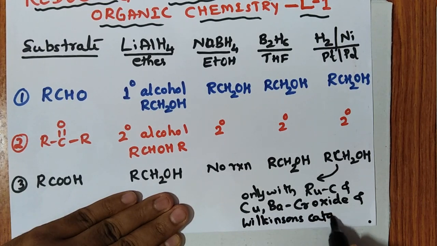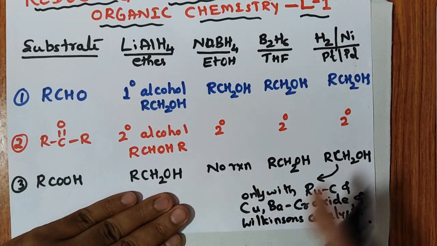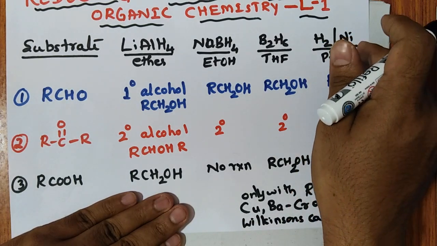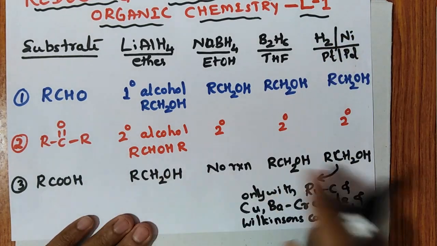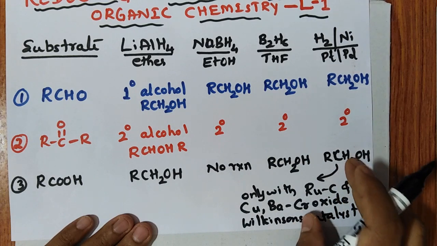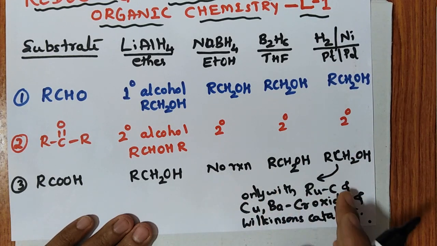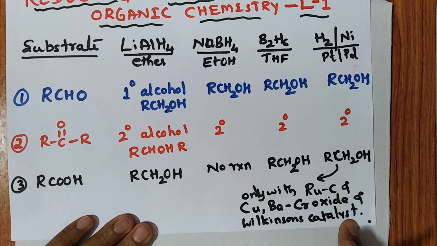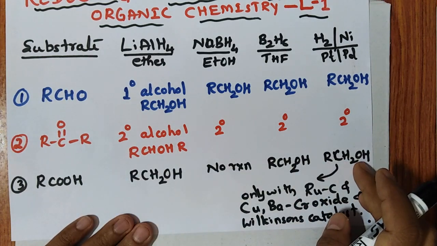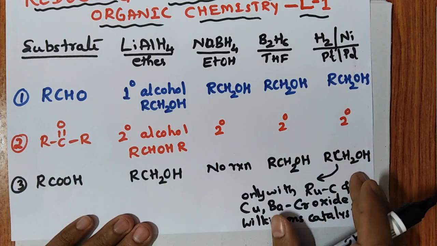So H2 in presence of nickel will reduce RCOOH to RCH2OH only with this condition. Ruthenium carbon or copper, barium, chromium oxide and Wilkinson's catalyst should be present. Then only the conversion takes place. Otherwise, no reaction takes place.